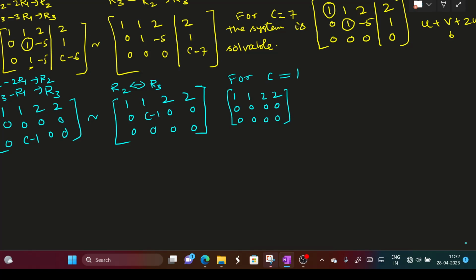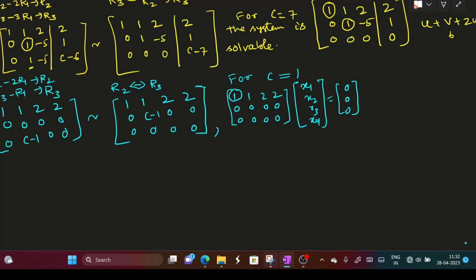This implies this system of equations, how many variables? 4: x1, x2, x3, x4. This is equal to 0. So here only the first variable is the pivot variable, and 3 variables are free variables.